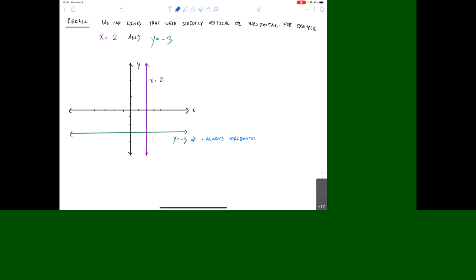Remember, a slope is M. It's always 0. Whereas for X lines, this implies always vertical. Now this one's unique. M is undefined.